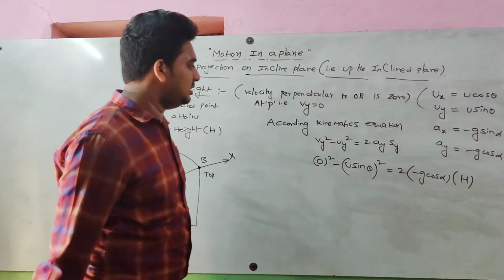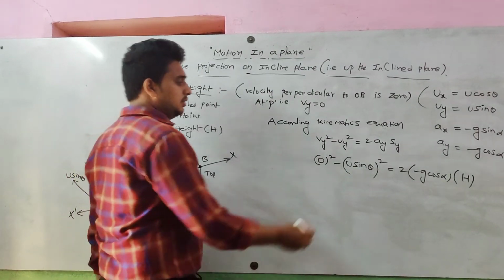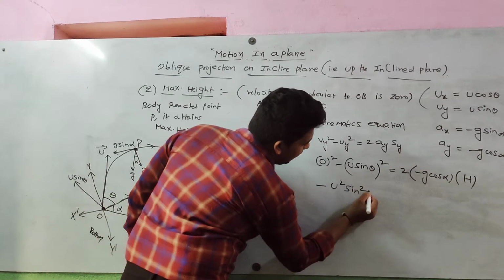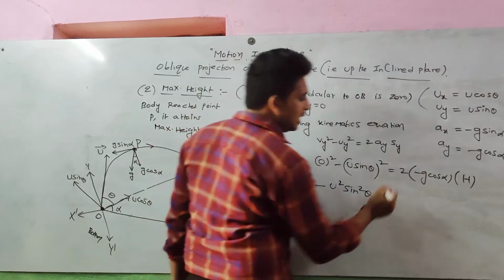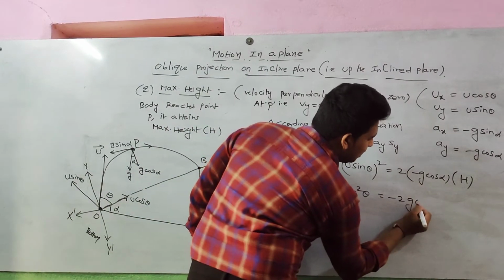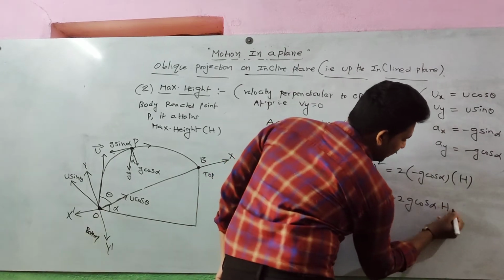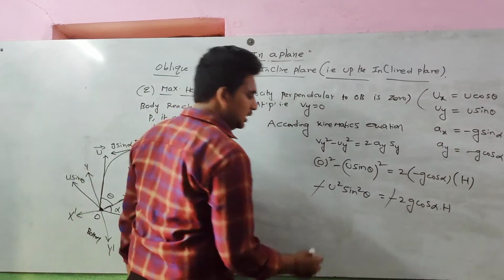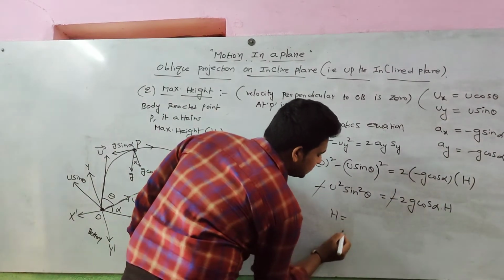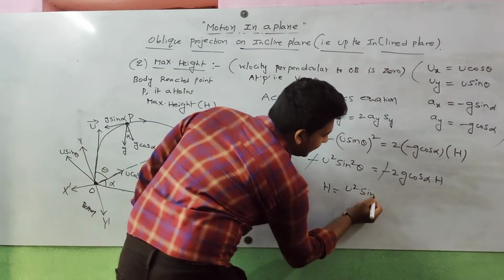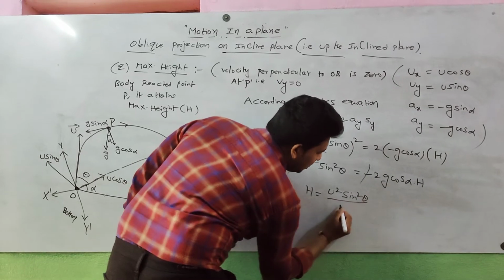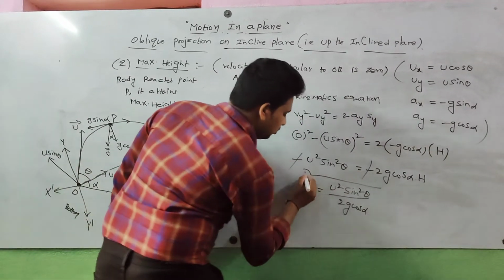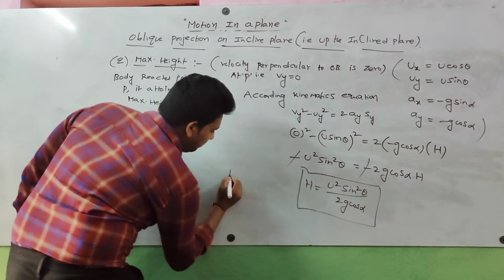So U square sin square theta is equal to minus 2g cos alpha into h. The minus is going to be cancelled. I want the h value. The h value we got is U square sin square theta by 2g cos alpha. So we got a maximum height formula.